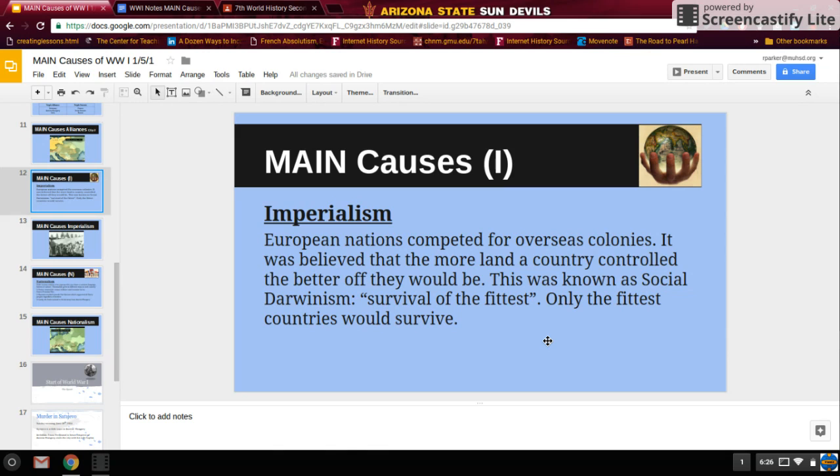So European nations were competing for overseas colonies; it was believed that the more land a country controlled, the better off they would be. This was known as social Darwinism, if you remember, the survival of the fittest. Okay, your country was going to survive if you were strong. And so by getting colonies and the natural resources that were in those colonies, you were going to be the strongest country.